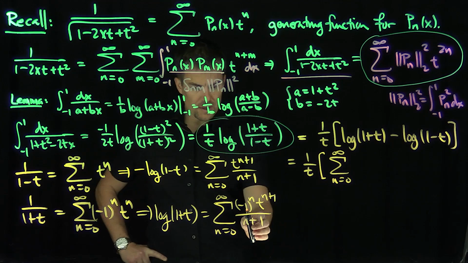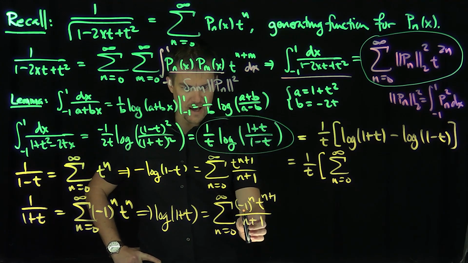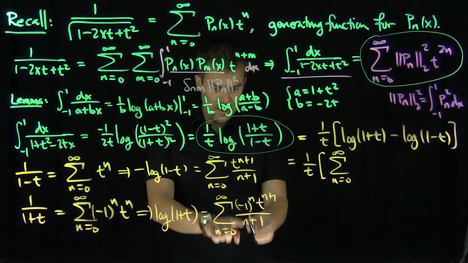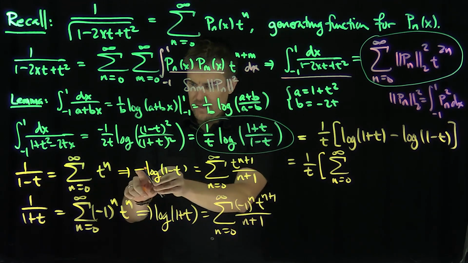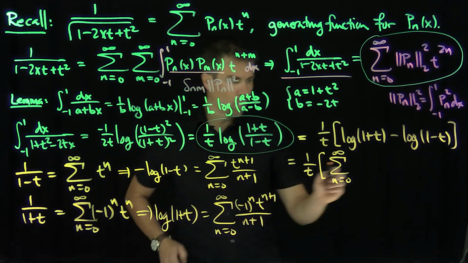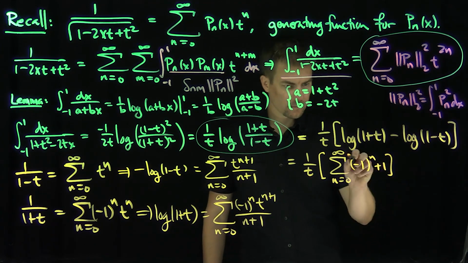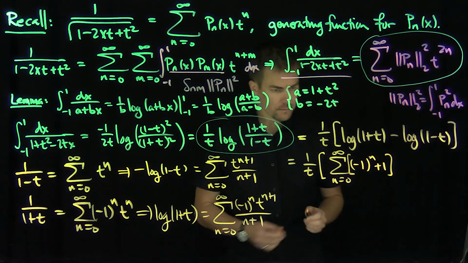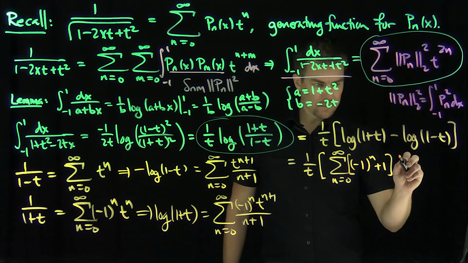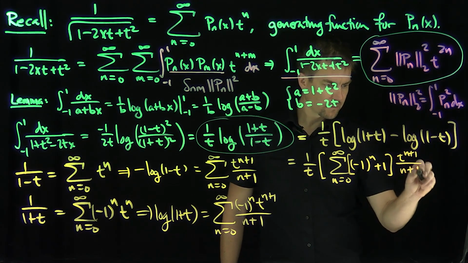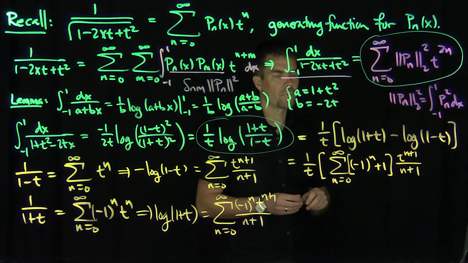Well, the log of 1 plus t is going to be a -1 to the n. And then I can just add that to this thing over here. So I have a -1 to the n over n plus 1 coefficient over here. And then the negative log of 1 minus t is just a positive 1. So this is going to be a -1 to the power n plus 1. And then a t to the n plus 1 over n plus 1, like that. Excellent.